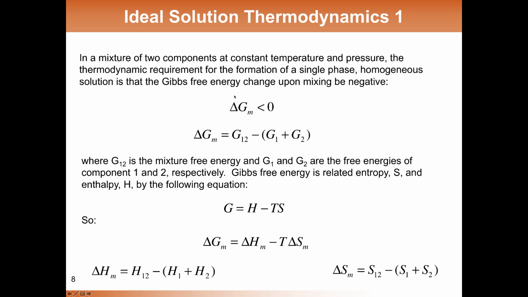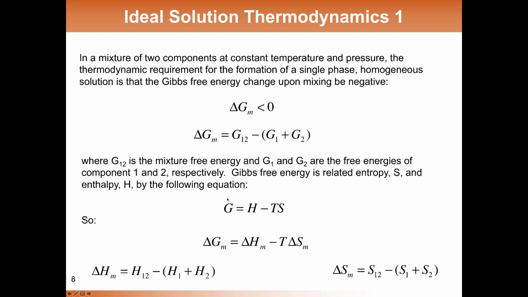And so I will just remind you that if you have two components, and you can think about toluene and styrene if you wish, or hexane and heptane, the criterion for forming a single phase is that the Gibbs free energy of mixing be negative, and that Gibbs free energy of mixing is defined as the free energy of the mixture minus the free energies of the pure components 1 and 2 before they're mixed.